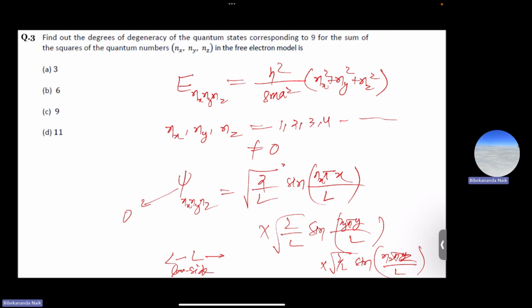And we here need to find out the level for which nx square plus ny square plus nz square is 9. So suppose nx is 1, ny is 1, nz is 1, then nx square plus ny square plus nz square will be 3. Then how will we get the sum 9?